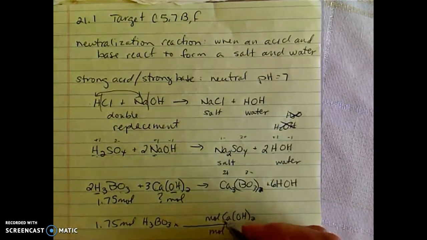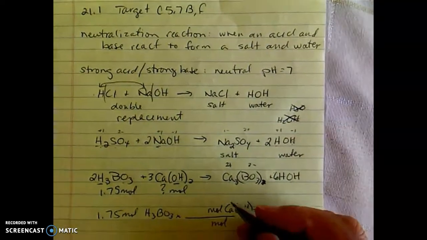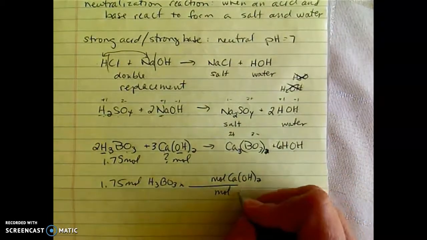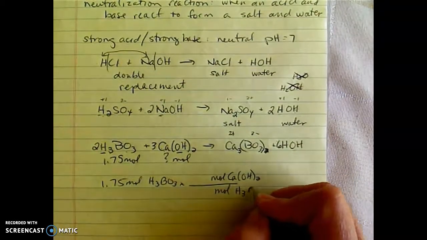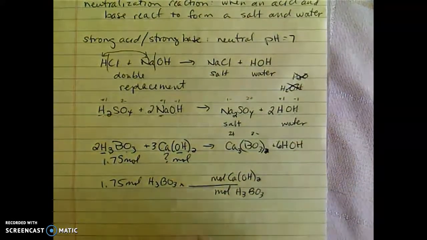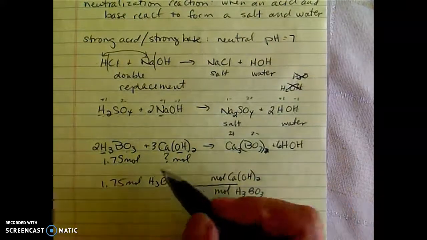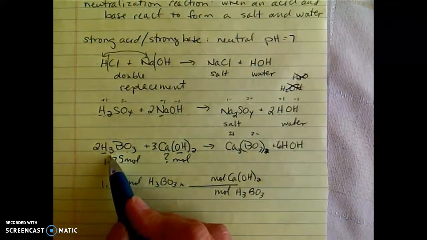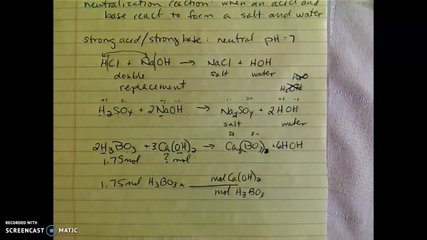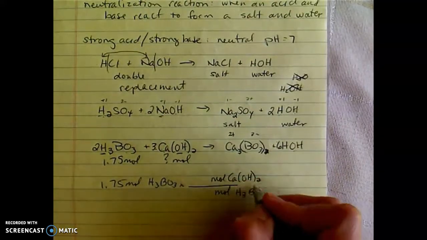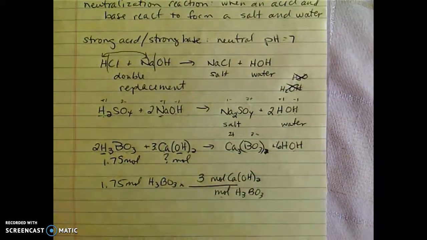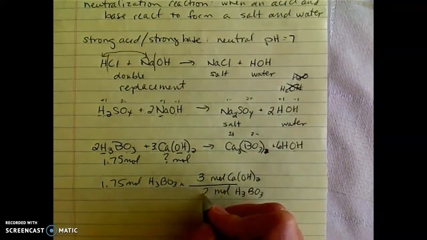So this is our mole-to-mole ratio, mole-to-mole. Okay, the short part of your stoichiometry. When you have a mole-to-mole ratio, you use the coefficients from your balanced equation. So out in front of Ca(OH)2, calcium hydroxide, I have a 3. In front of boric acid, I have a 2.